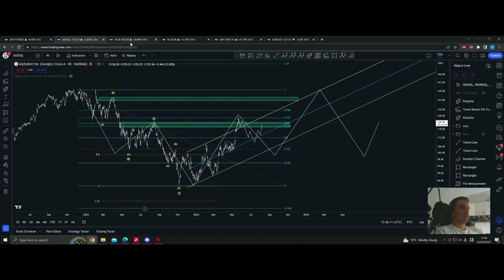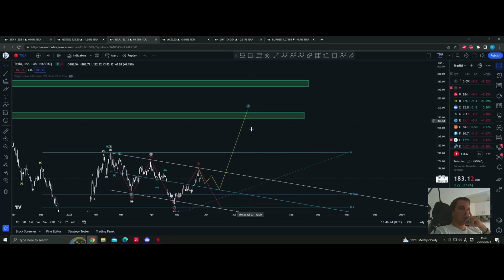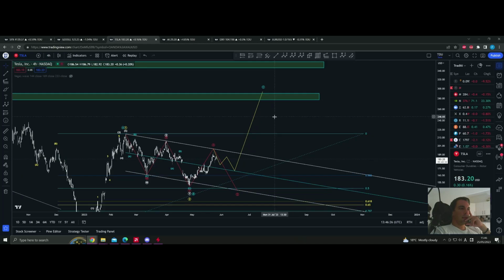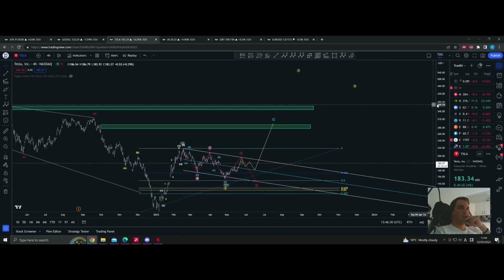That's Google for the moment. Tesla, after an impulsive move, I saw WXY and called this bottom for a long, potential long for this yellow thingy to come. This yellow thingy can become wave 3 easily.